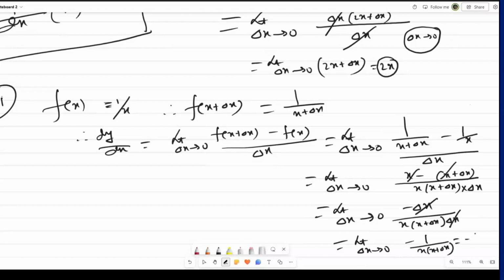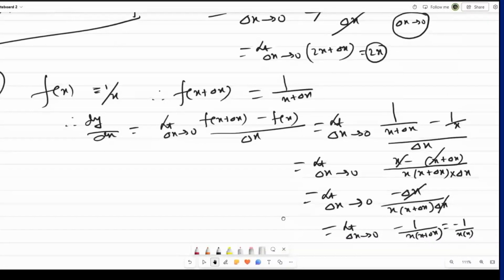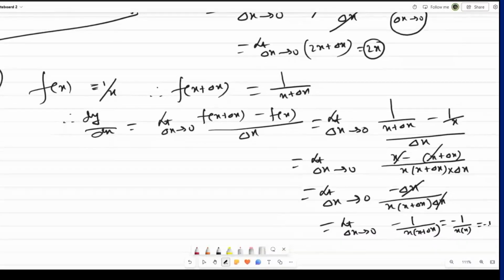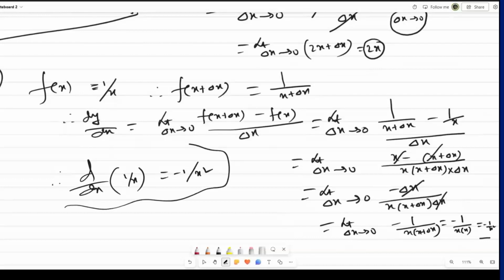So the limiting value you are calculating, at the end you can put x plus 0. This is going to be minus 1 by x squared. Therefore, rate of change of 1 by x is minus 1 by x squared. Clear? Yes. This is the derivative of 1 by x.